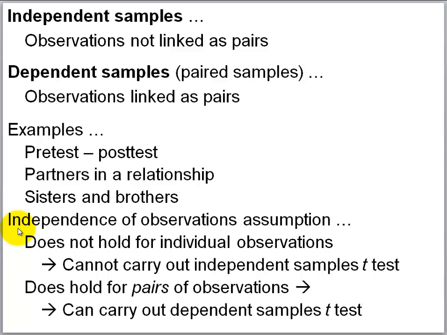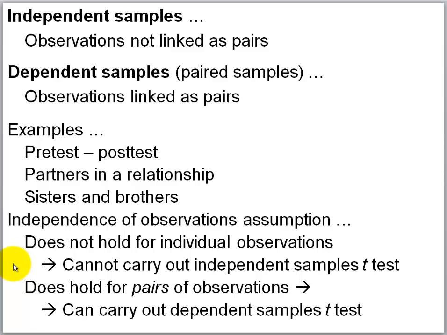How you flip the first time doesn't influence how you flip the second time. In other words, whether you get heads or tails on the first flip has no bearing on the second flip. So you've got independence. But when you get the linkage and the pairing, and when you get dependent observations, the independence of observations often does not hold.